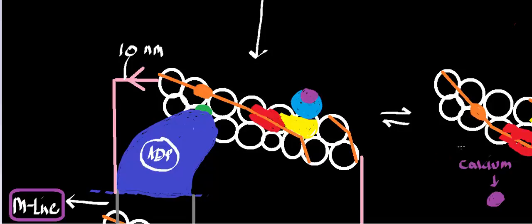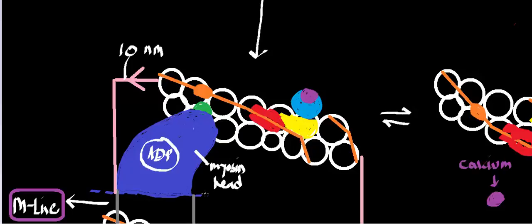So notice what happened here, okay? Initially, I'm going to have this myosin binding site right here. And as we'll see, myosin is actually going to bind to it. Myosin, I'm indicating by this blue protein. This is supposed to be myosin. In fact, it's the myosin head component of the myosin protein.